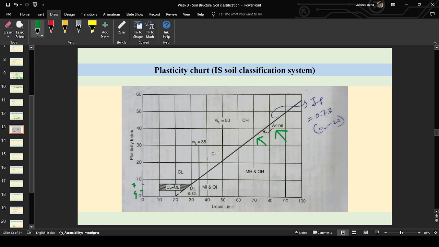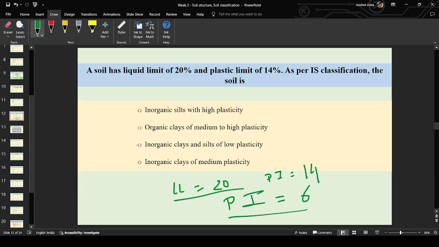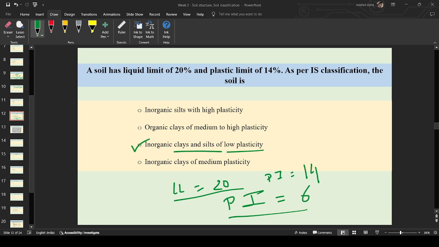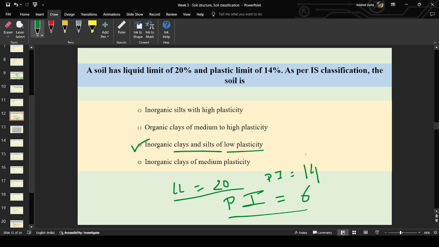Between 35 and 50, it is intermediate plasticity, and above liquid limit 50, it is high plasticity. So it is below 35%, so it is low plasticity. So inorganic soils, inorganic clays and silts of low plasticity. Right answer. Is it clear?